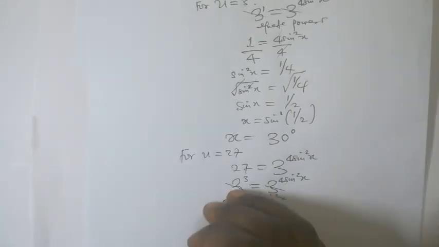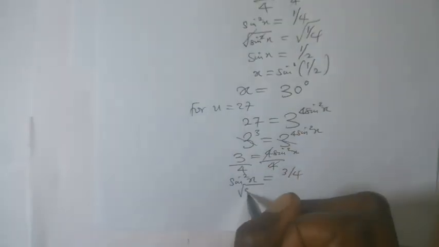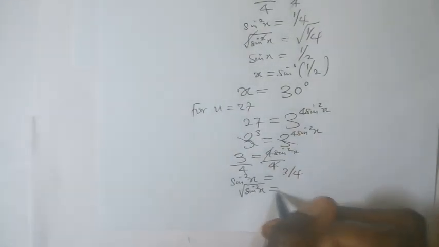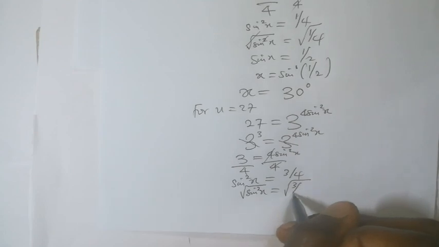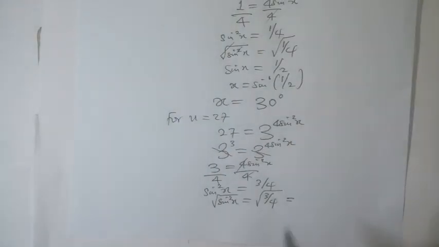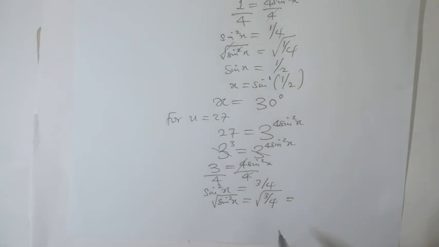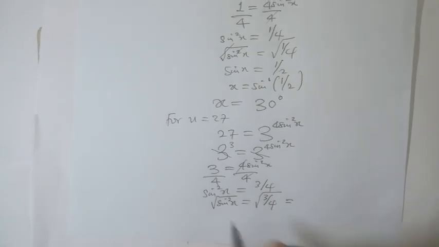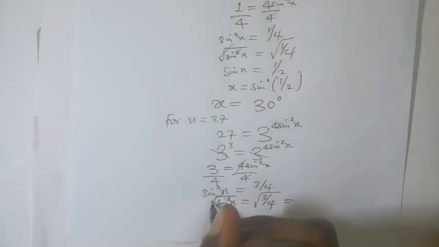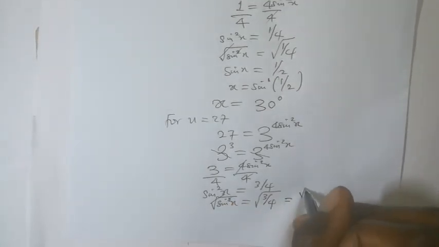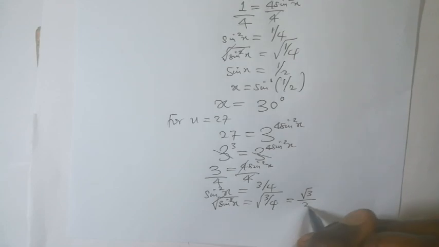So let's take the square root of both sides. Sine x is equal to square root of what? 3 over 4. So we now have this 2 will go with the square root. We are now going to be left with what? Square root of 3 all over 2.